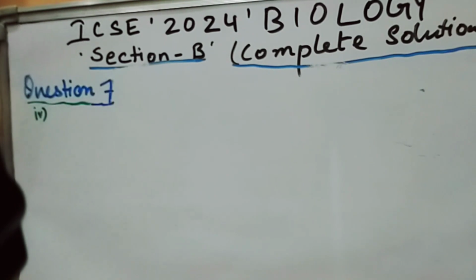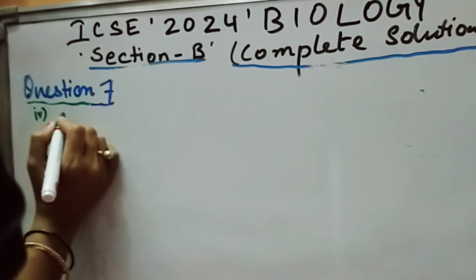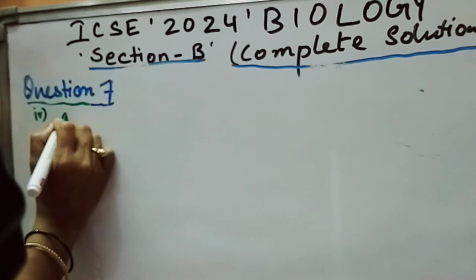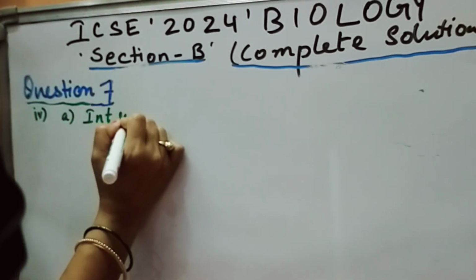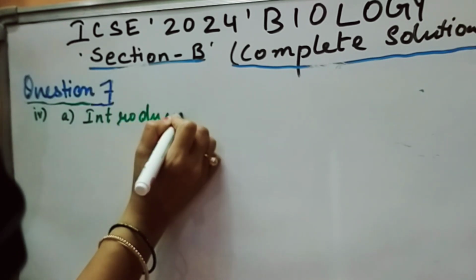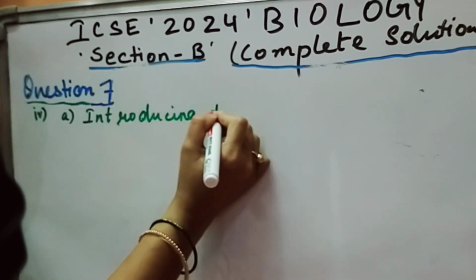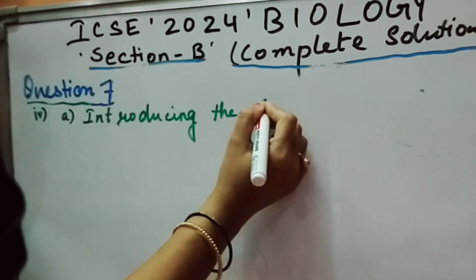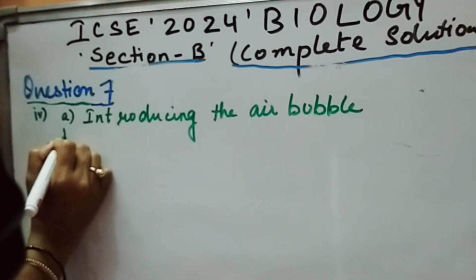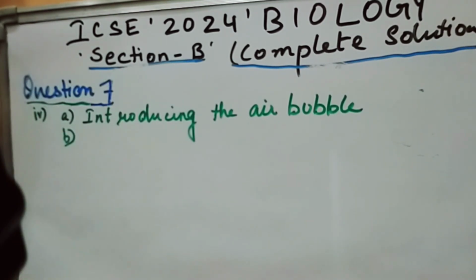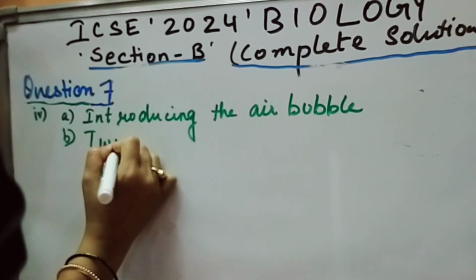Subpart 4. Write any two limitations of using a Ganong potometer to demonstrate the uptake of water. So the first limitation of it is introducing the air bubble. That's very difficult. Second one would be twig.